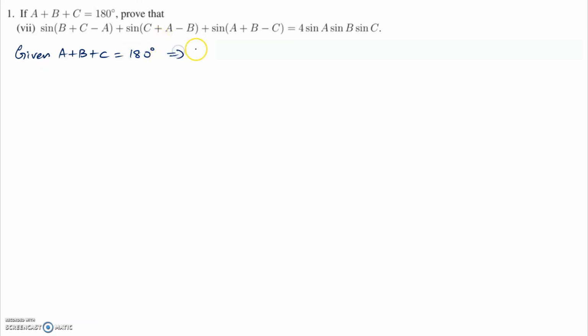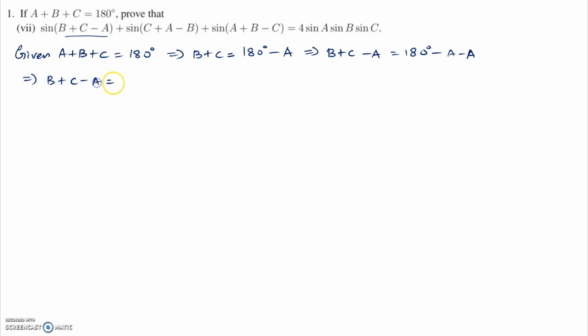Therefore, B plus C is equal to 180 degrees minus A. So we can say that B plus C minus A, which is our first term here, is equal to 180 degrees minus A minus A. So that would mean B plus C minus A is equal to 180 degrees minus 2A.